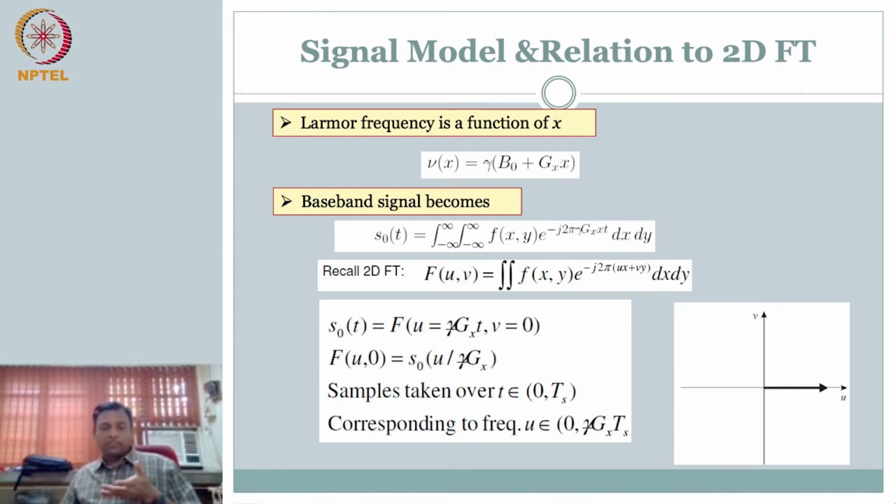Mind-boggling, right? What we have realized now is that we are not actually measuring the time domain. Even though we plotted the free induction decay in time, the signal that you are measuring is nothing but the Fourier transform of the object f of x comma y. So from what we have measured so far, if we put it in the space of u and v, you have measured this.